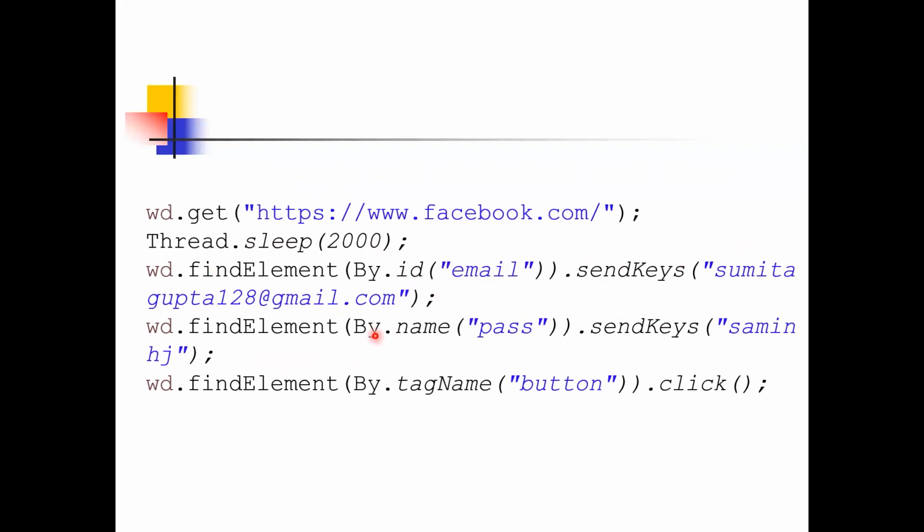The next web element we found is for the password, using by dot name. For that we used the name locator and entered the password. And the third, the click button, we searched with a tag name, so by dot tag name, the value of the tag, dot click. So this is the ID locator, this is the name locator, this is the tag name locator.